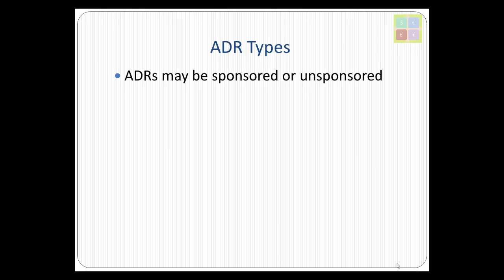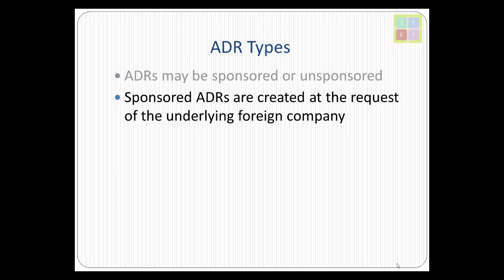ADRs could be sponsored ADRs or unsponsored ADRs. Sponsored ADRs are created at the request of the underlying foreign company. In our example, we looked at the Japanese company. So let's say the Japanese company wants to get listed in the United States.